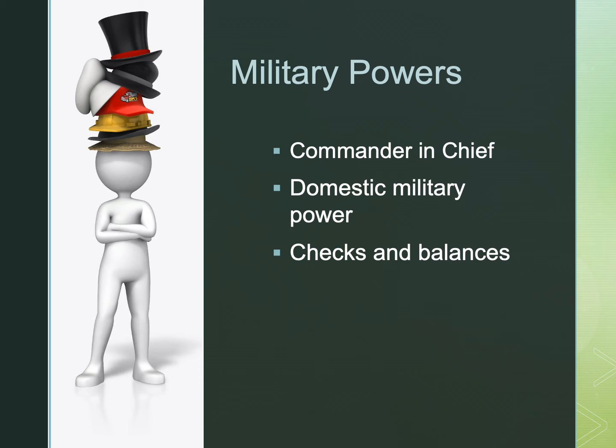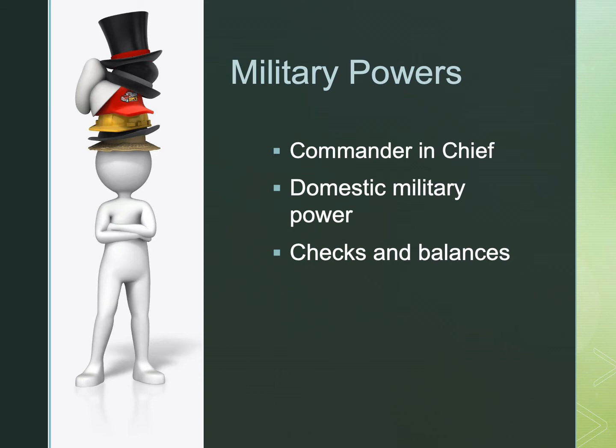When it comes to the domestic military power, it's related to Article 4 in the Constitution. Article 4 tells us that the United States will protect states from invasion and domestic violence. And as the commander-in-chief, that job ultimately falls to the president of the United States.